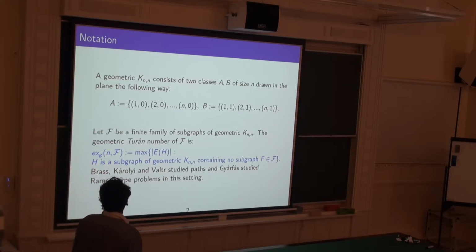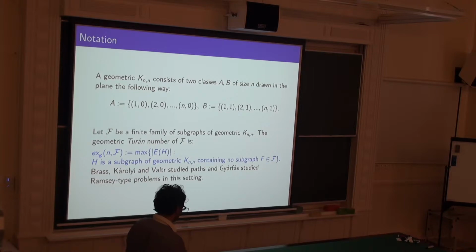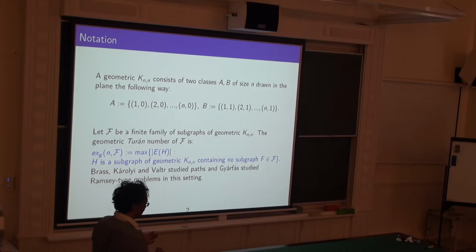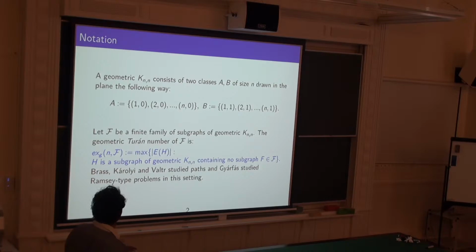I'll just mention that this setting has been studied for paths. There are some results known about geometric Turán numbers of paths. And Gerbner, Keszegh, Methuku, Nagy, Patkós, Tompkins, and Xiao studied Ramsey type problems in this setting, but I won't go into it because of the limited time.